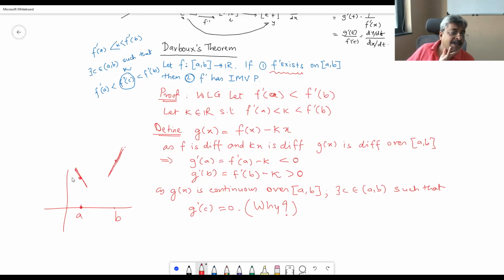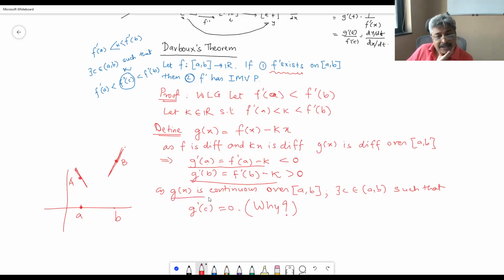Okay, this is capital A, a point on the curve. If I draw the tangent, then this statement says g dash of a is less than 0. Therefore, the slope is negative. This statement says g dash of b is greater than 0. That means the slope is positive.